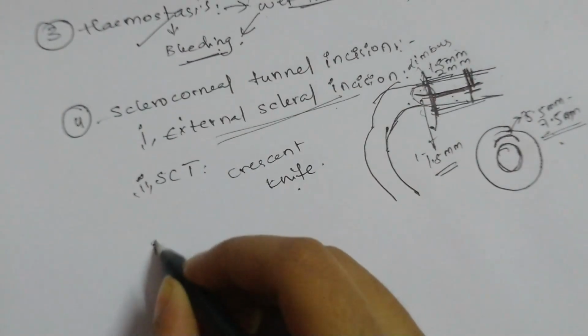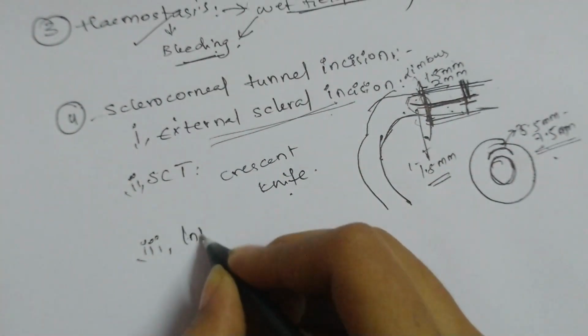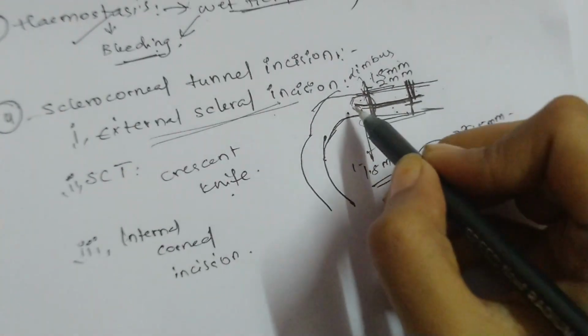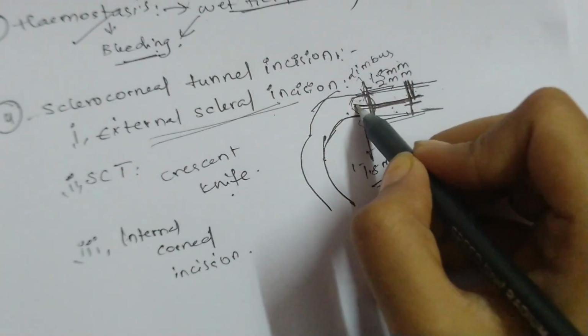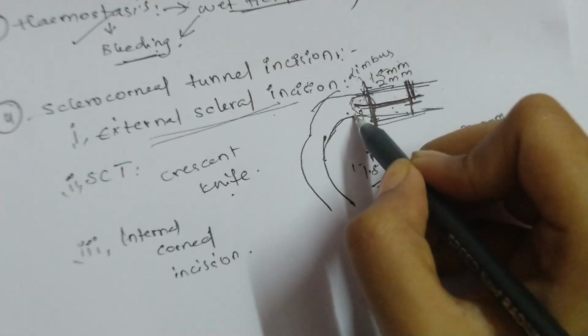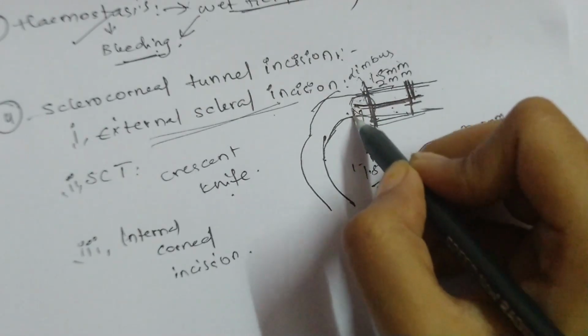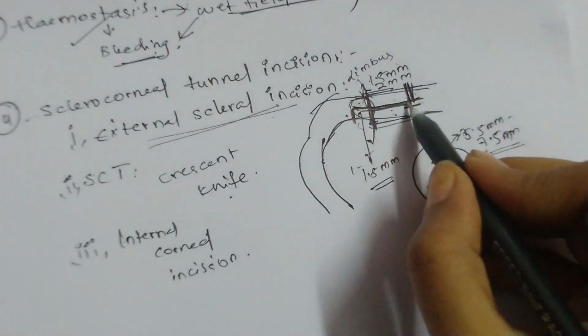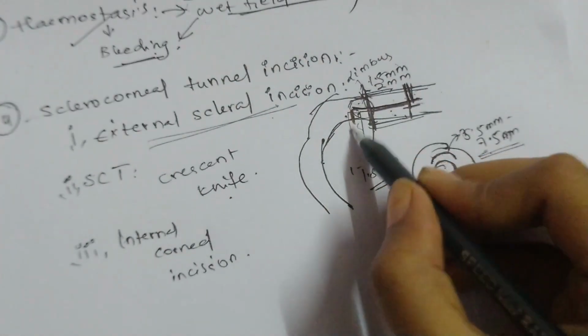And the third step is the internal corneal incision. You understand up till here, right? After we get into this, we make an internal corneal incision, that is, we make an incision here with the help of a keratome. So there is a formation of a tunnel like this.